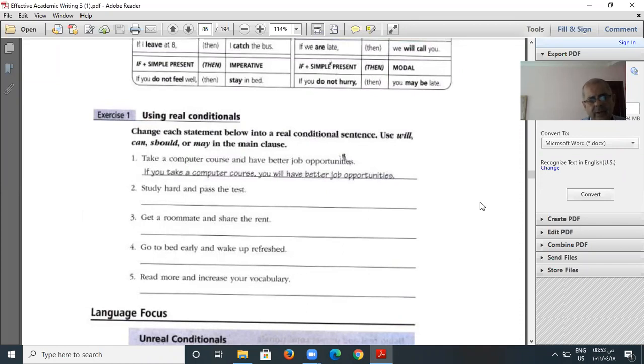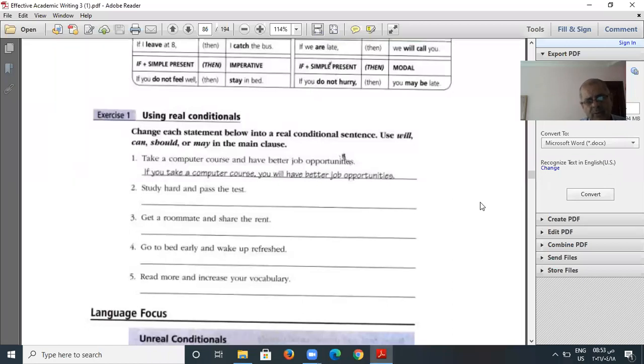Then we start here the sentence with if clause. So we say if you get a roommate, comma, you can share the rent. In the if clause we have get, the simple present, and in the main clause we have can.